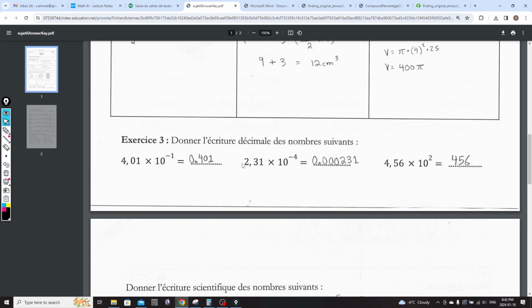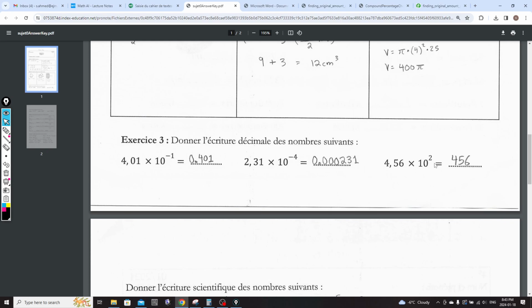Okay, now another way of looking at this kind of question is just to consider this as being the number of zeros that precedes the 4. So here, for example, you're going to say, oh, I've got 1 zero before the 4, so 0.401. Now here you could also think of this as, oh, well, I've got 4 zeros before my 2. So then that's going to be 0.000. There's 4 zeros right there. And then you write the rest of this value, 231.